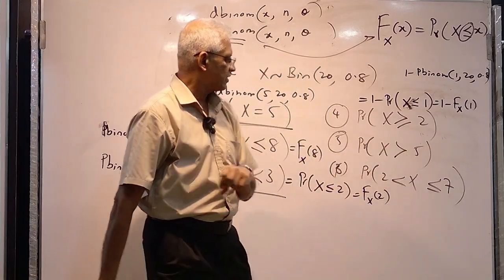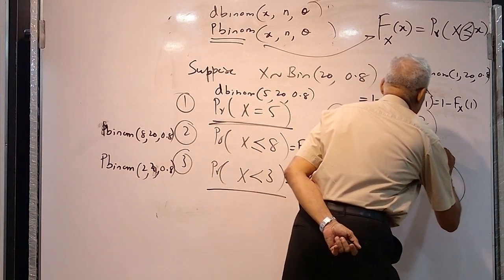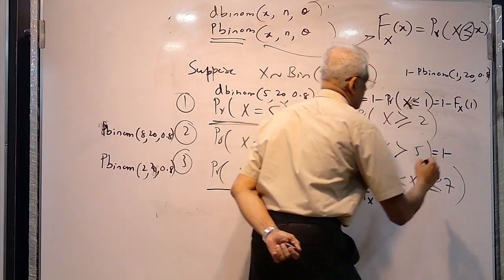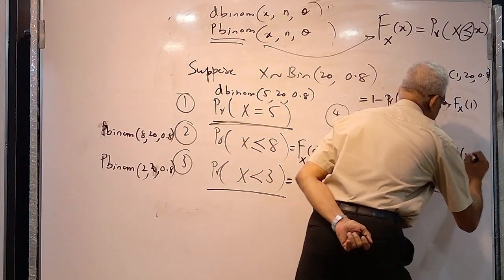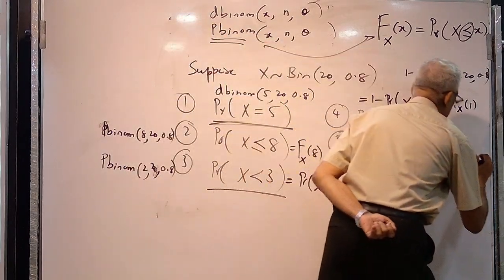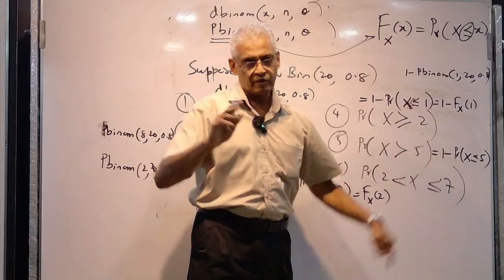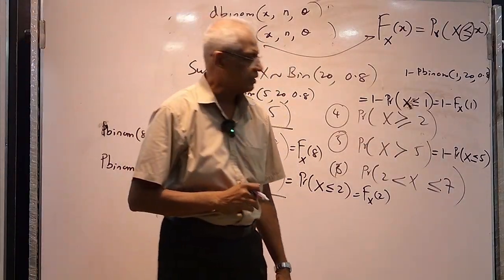How do you get this one? Probability x greater than 5. You can write down this one as 1 minus probability x less than or equal to 5. Here x greater than 5 means 6, 7, 8, 9 up to 20.